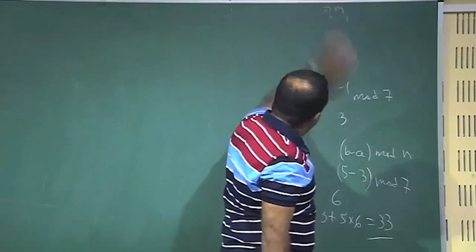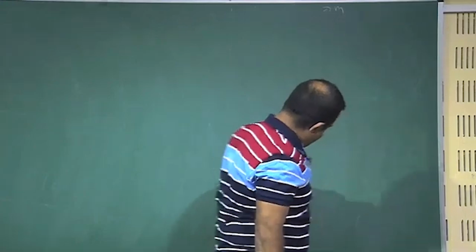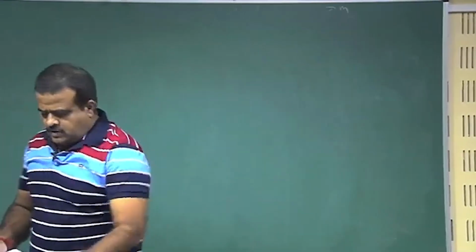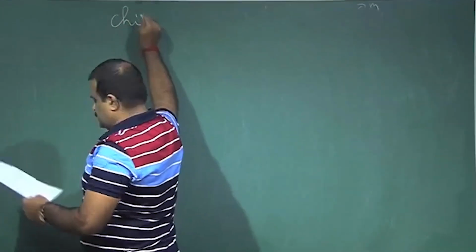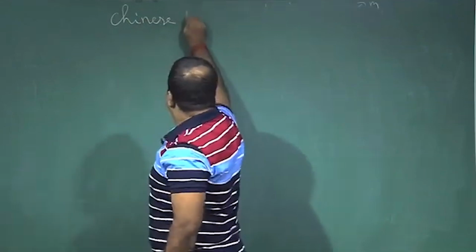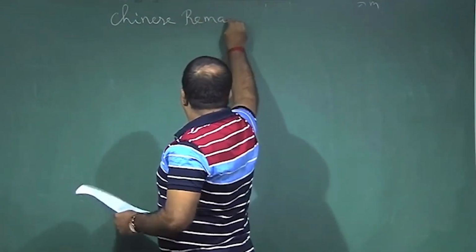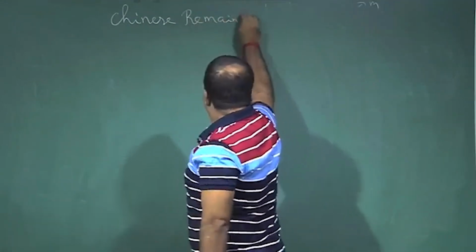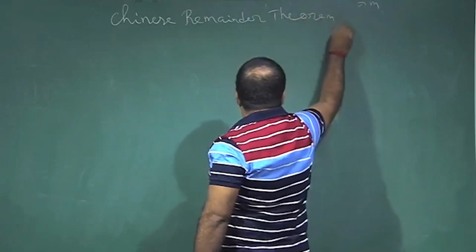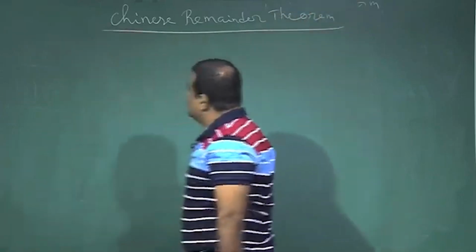So that is the Chinese remainder theorem. I mean this is the general form of the Chinese remainder theorem.